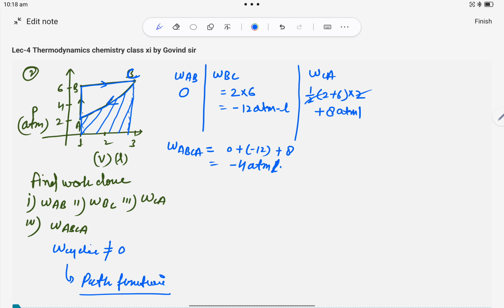Or you can find out this W cyclic is equal to area of cycle. That is the direct formula for cyclic work. So area of that triangle.